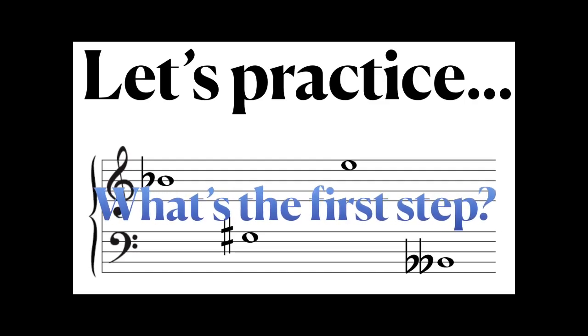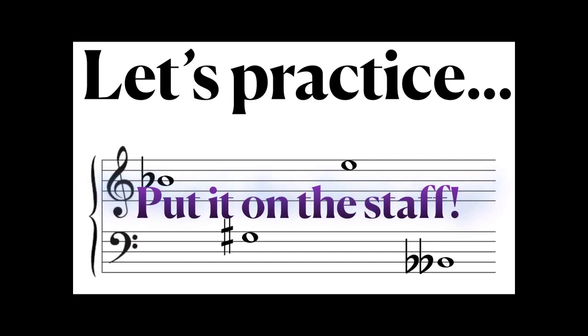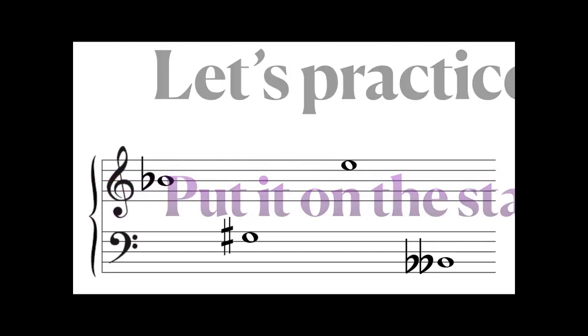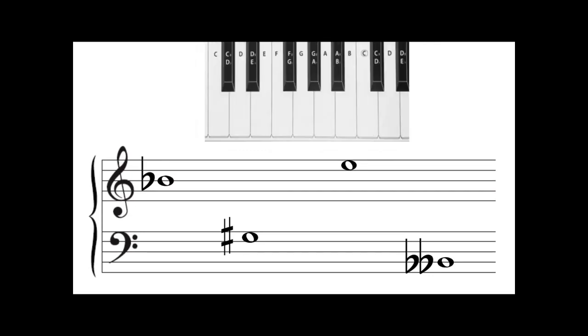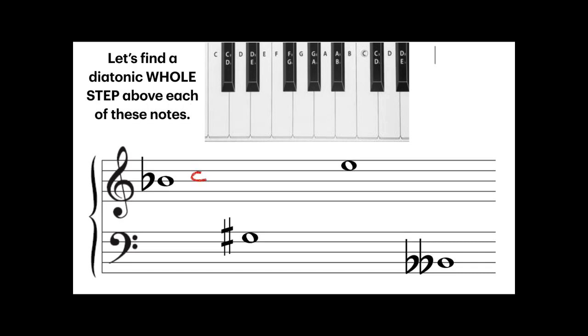Let's practice. What's the first step? Hopefully you're saying it out loud by now. Put it on the staff. Let's find a diatonic whole step above each of these notes.